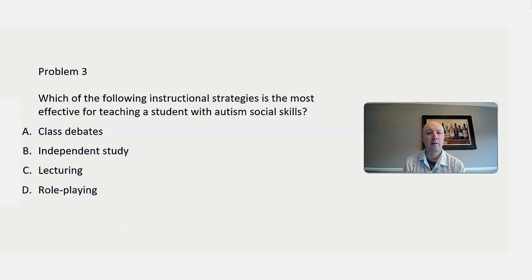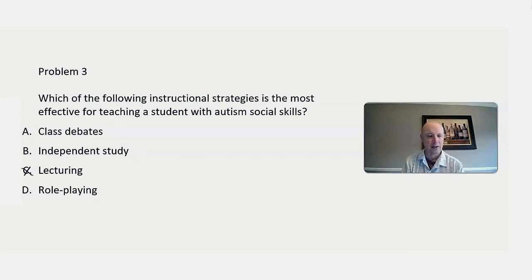Problem 3, which of the following instructional strategies is the most effective for teaching a student with autism social skills? All right, so let's look at the choices here. A, class debates, B, independent study, C, lecturing, or D, role playing. So I'm going to first eliminate lecturing. When we're lecturing about social skills, the student isn't getting any practice with applying those skills.